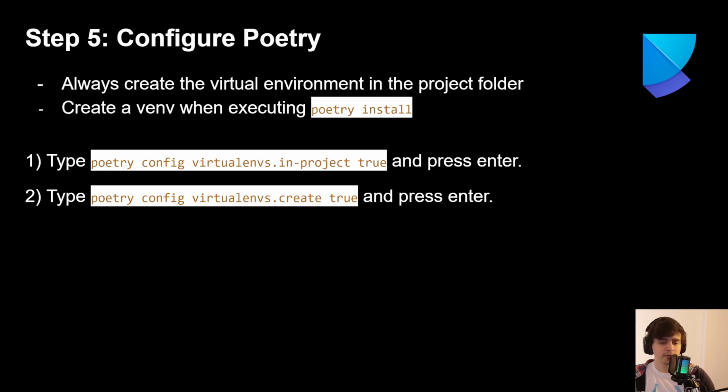It's very important to do that because otherwise you're going to have trouble in the future when you need to inspect the libraries that you're using in your project. Sometimes by default, Poetry installs the libraries in a cache folder and it's more difficult to inspect these libraries using your IDE. Another command we are going to run here is virtualenvs.create true.